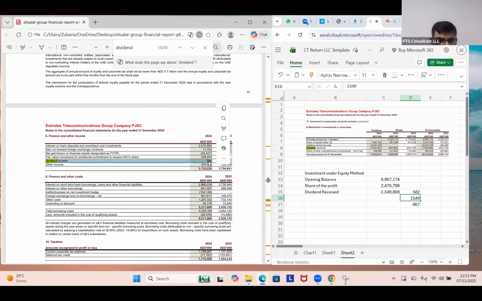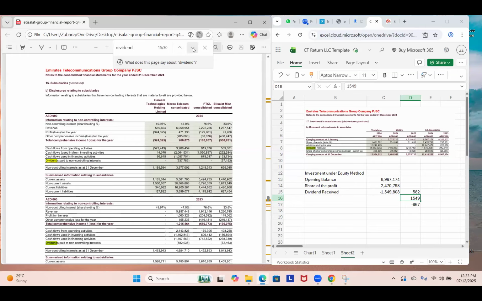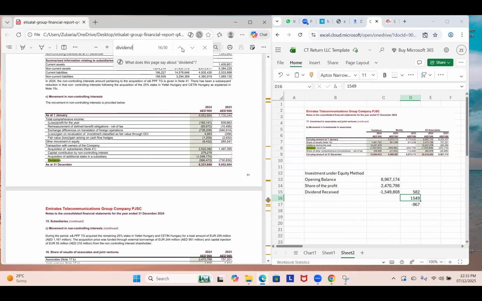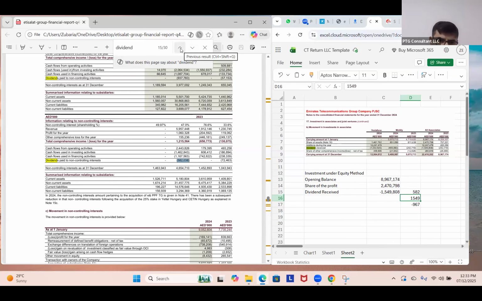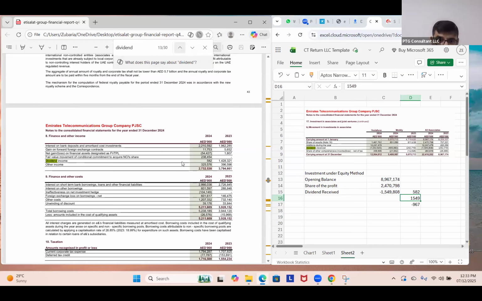But further, this 582 is not shown with any breakup, only in cash flow. But again, the cash flow is how much they paid, while here the income received is shown as 582.